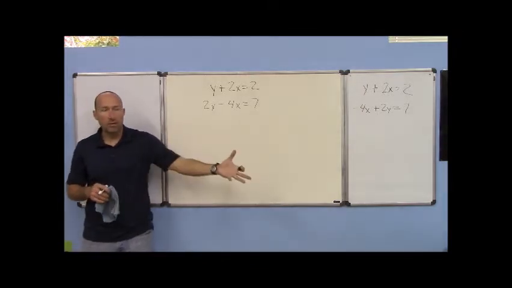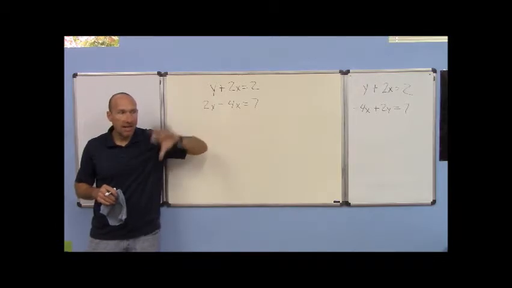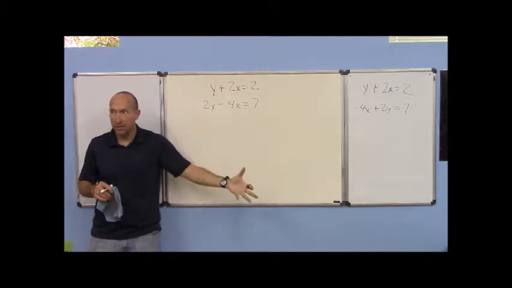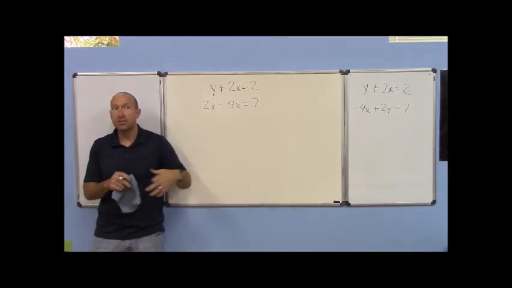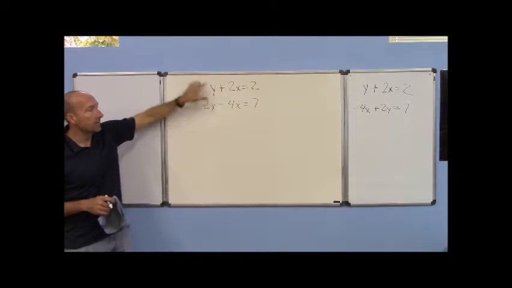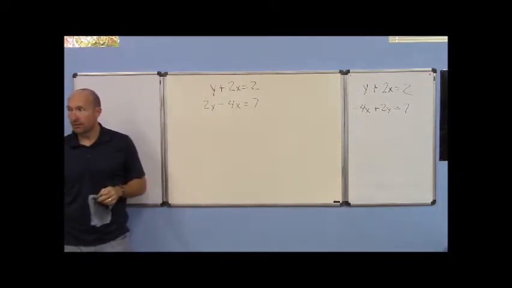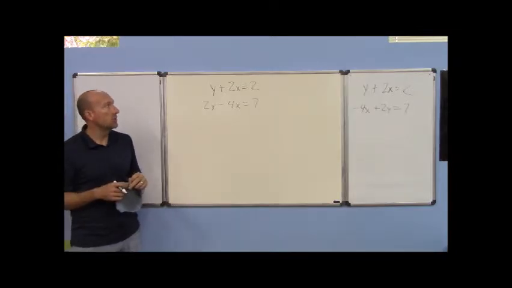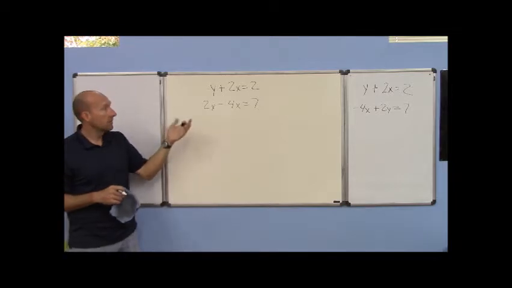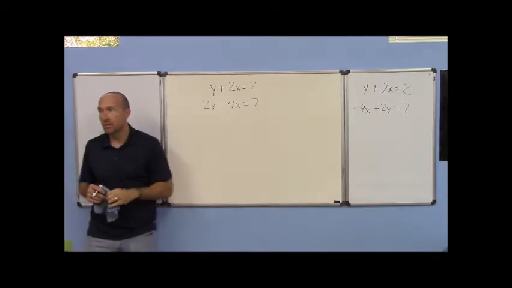If we have Bob, as long as we don't change anything about him, we can name him Jim. And it's still Bob, we just renamed him Jim. We changed nothing about it. We can rename one of these to make it work for us. So can somebody see what we could do, as long as you do it to all terms, that makes it to where we can use the addition method?